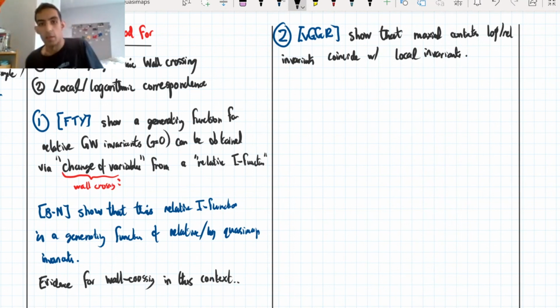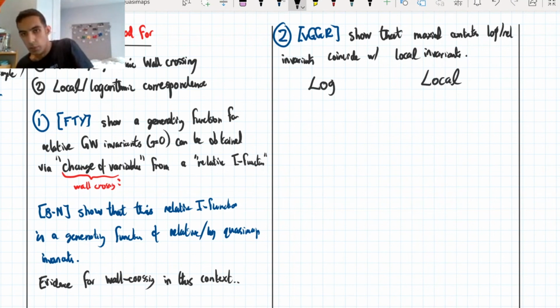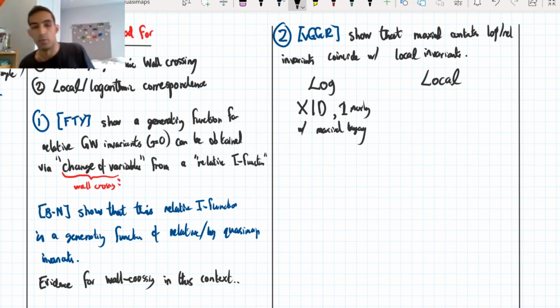To explain this: on one side we have log, and on the other side local. Log means I take X relative to my divisor and I consider one marking with maximal tangency, so I concentrate all the degree at just one marking, and it only intersects the divisor at that point, with contact order as high as it could be.